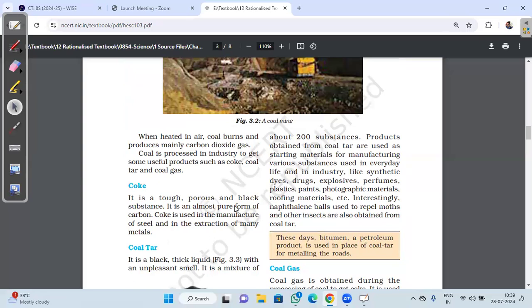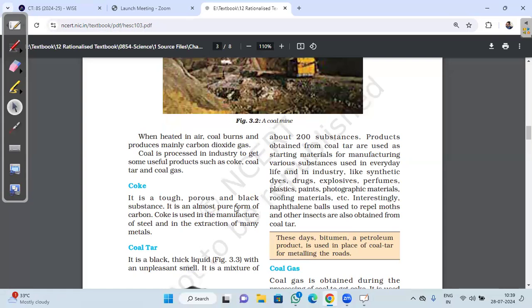By the refining of coal tar, different other materials can be produced. Since coal tar contains about 200 substances, those can be separated out to find their different uses. For example, dyes, drugs, perfume, plastics, paints. Okay, they are also extracted from coal tar only.